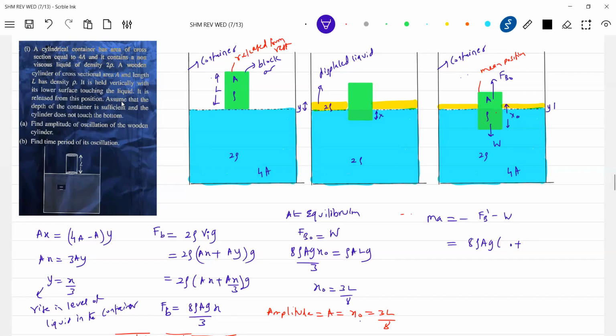Let me write it as r because x I already took, no?